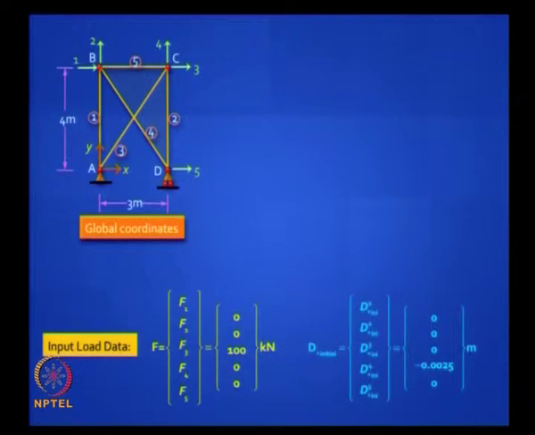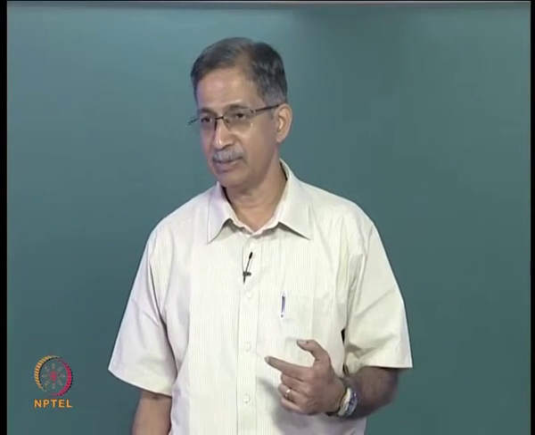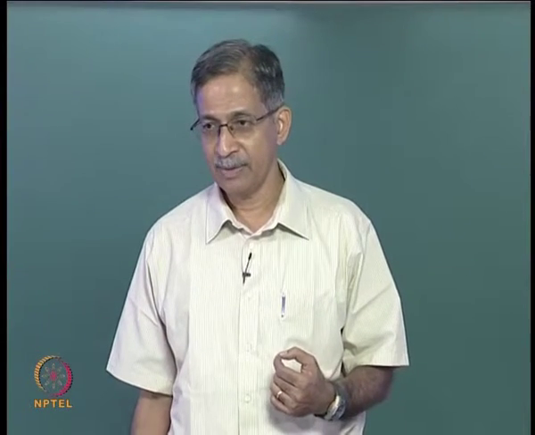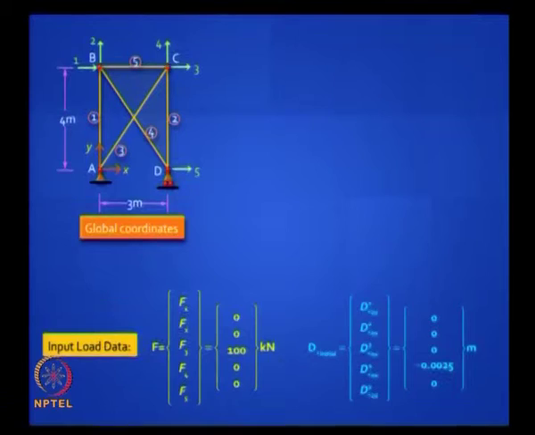We are also told that there is an initial displacement, bar 4 is short by 2.5 millimeters, which can be written as minus 0.0025 meter, and that vector we refer to as the initial displacement vector at the element level.